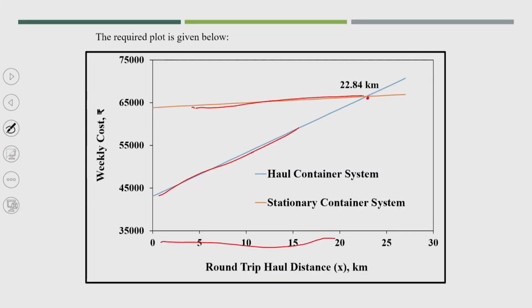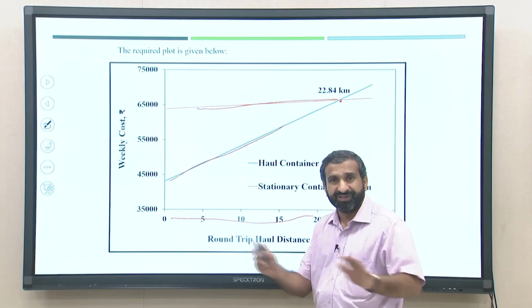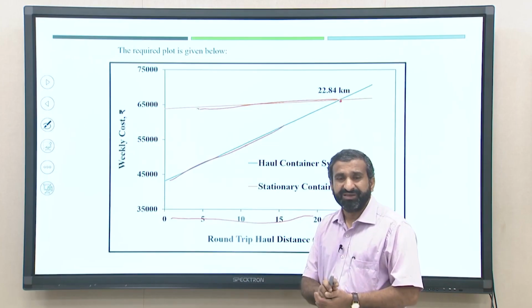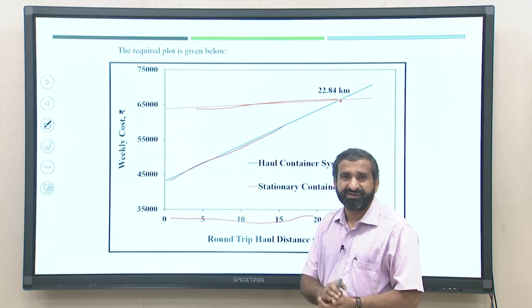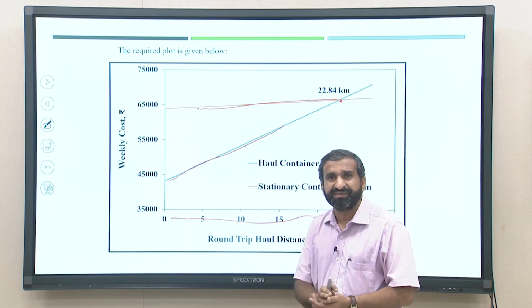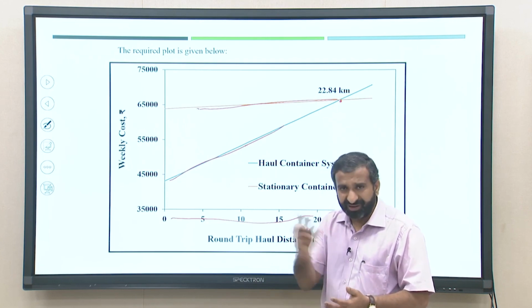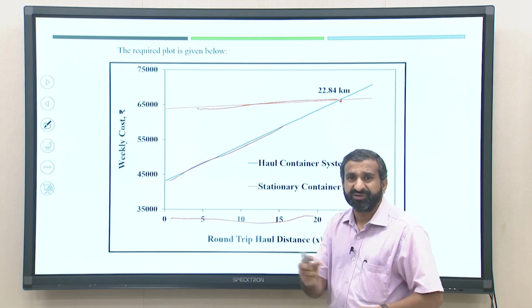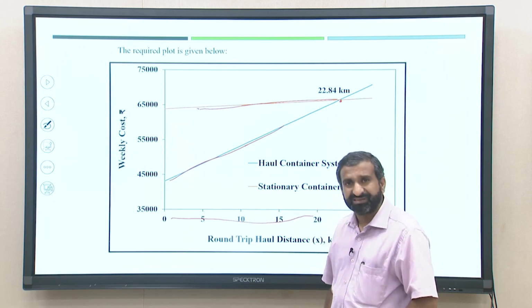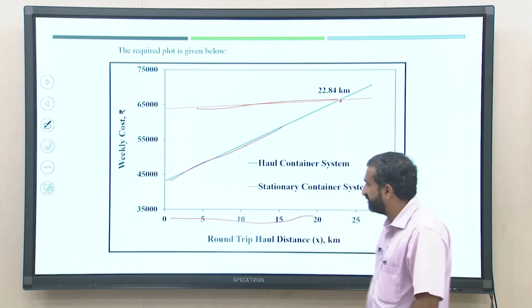Okay. Now, I think you properly understand that when you compare the Hall container system, it is not only on cost basis, not only on distance basis, there are other infrastructure facilities also required to finalize the Hall container system or stationary container system.